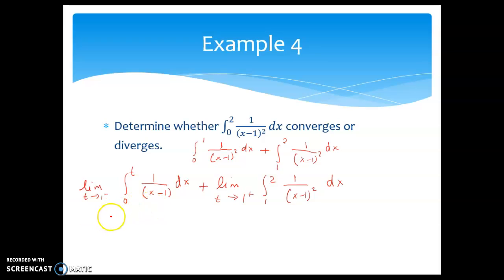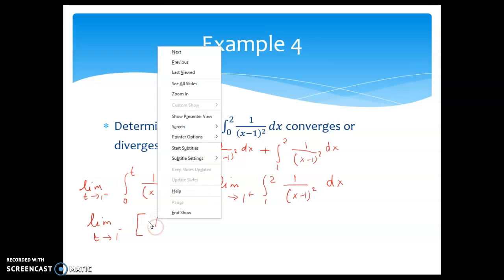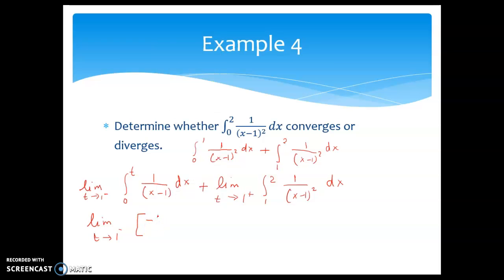At this point, we say limit as t goes to 1 from the left. When we take the integral of this, we're going to get negative 1 over (x minus 1). Oh, this is squared here, so we should not forget.